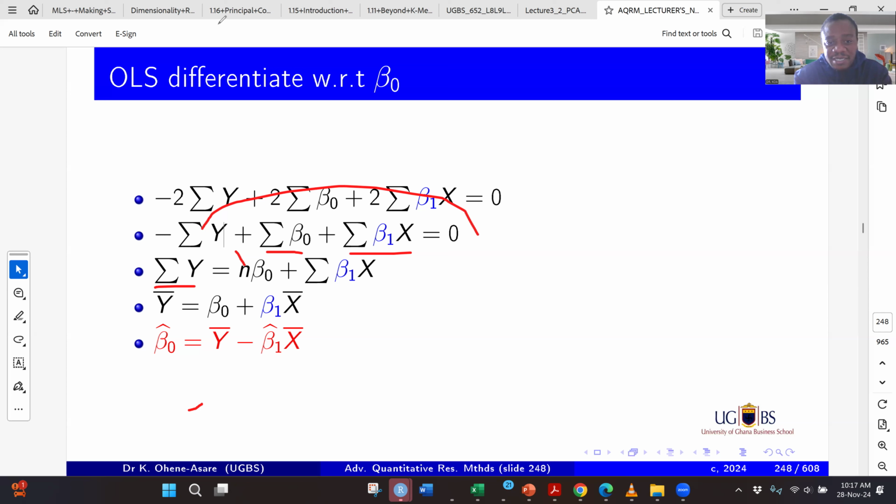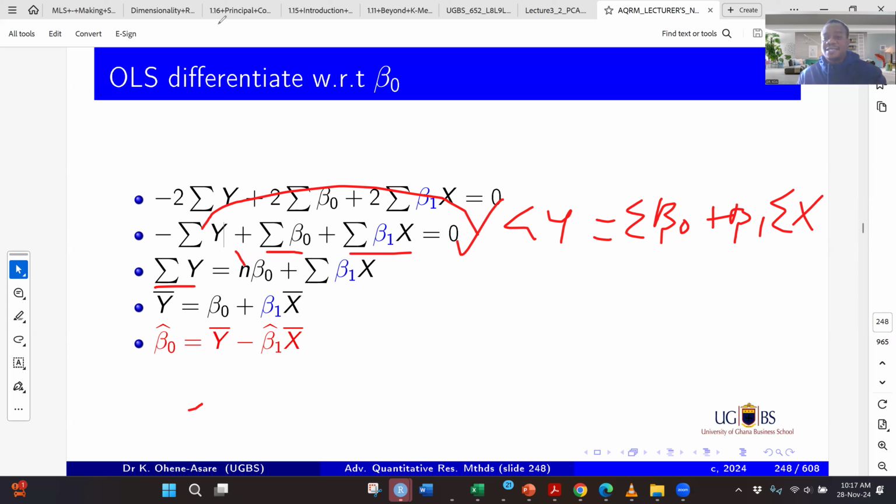So the left-hand side, I can have summation y equal to summation beta naught, I'm picking it from here, plus beta 1 summation x. That's it. And then here, divide both sides by n.